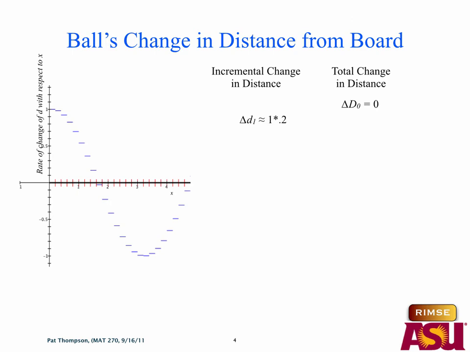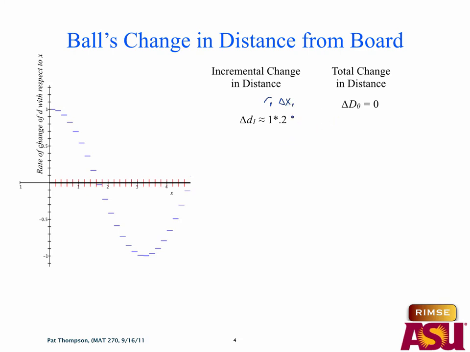If I want to figure out how far the ball has traveled in that little bit of time, I can say the little bit of change in distance is the rate times the little change in time. So this is the actual rate at the left end of the first interval times the change in time of the first interval.